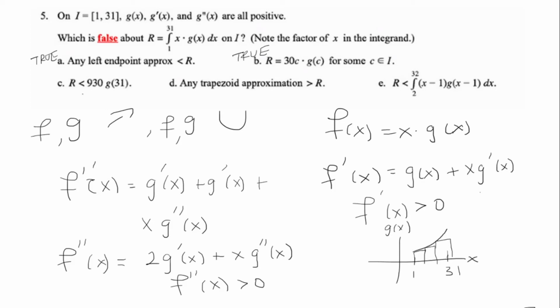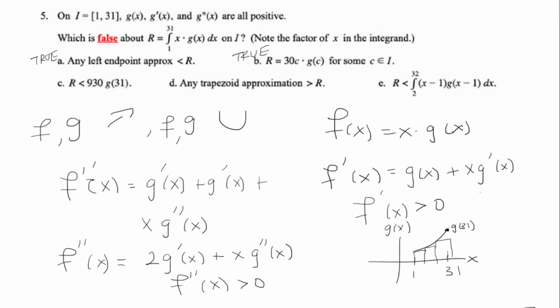Now let's look at part C. We're given r is less than 930 times g of 31. And for that, we have to look at this picture here. We know that g of x is increasing, so the maximum value has to occur at this endpoint, which is g of 31.